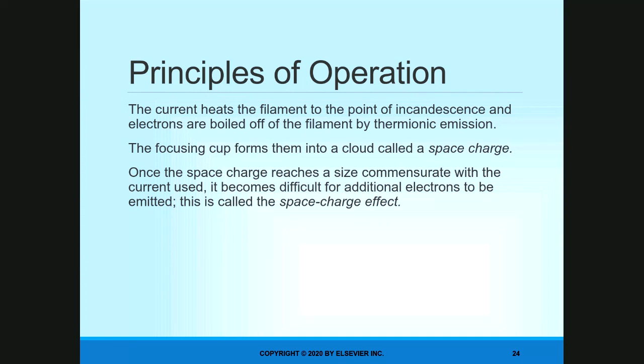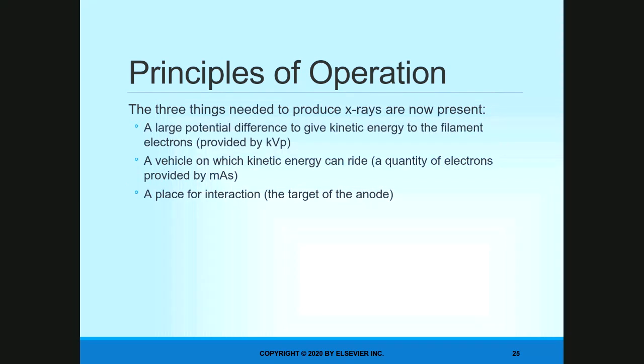Once the size is reached that you have determined by your mAs value, the size of the electron cloud that is needed, it's called the space charge effect, meaning once it's reached that size, it's not able to release any more electrons because the size of the cloud is where you've determined it needs to be. It's not going to really go beyond that. So at that point is when you're ready to create the X-rays.